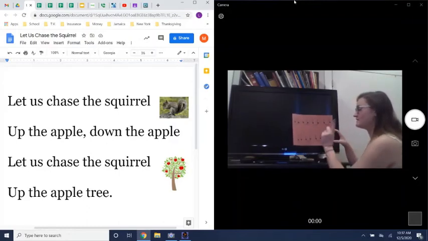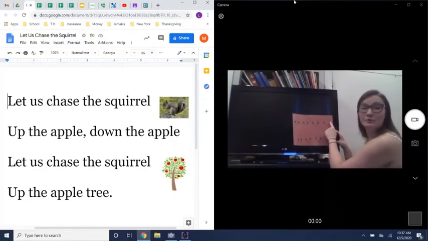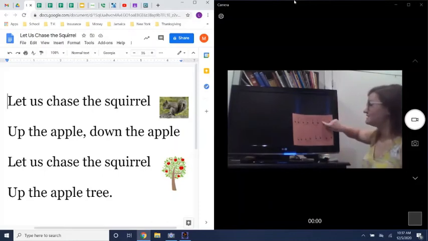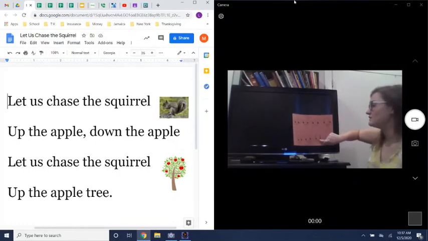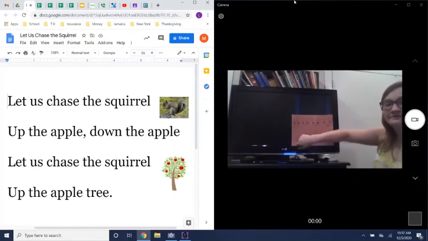Let us chase the squirrel up the apple tree. Sing it with me, ready, go. Let us chase the squirrel up the apple, down the apple. Let us chase the squirrel up the apple tree.